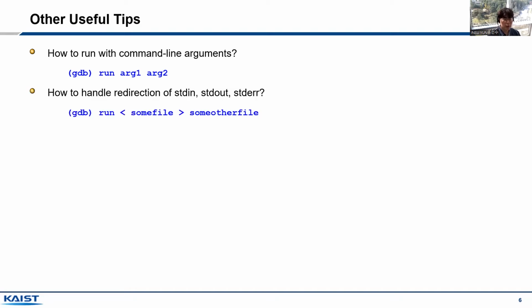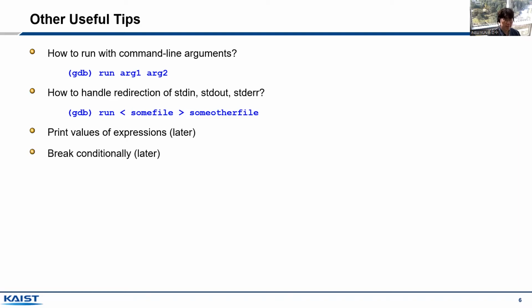You can also use redirection when you run the program. So if you want to redirect your standard input and your standard output, you can do the standard redirection, similar to what you have done in your shell.